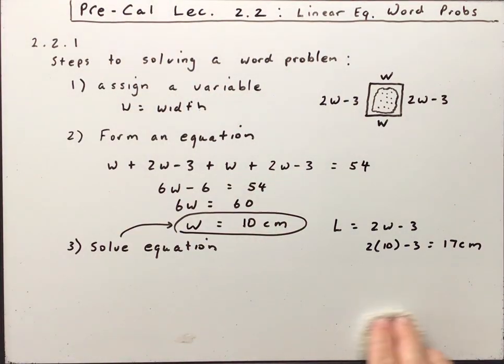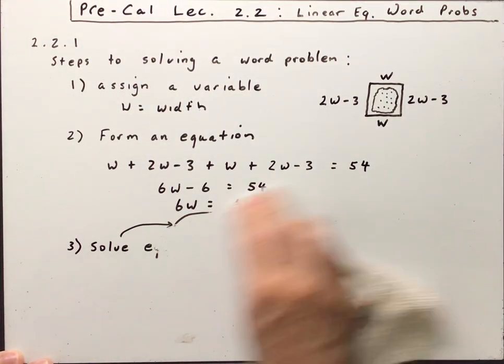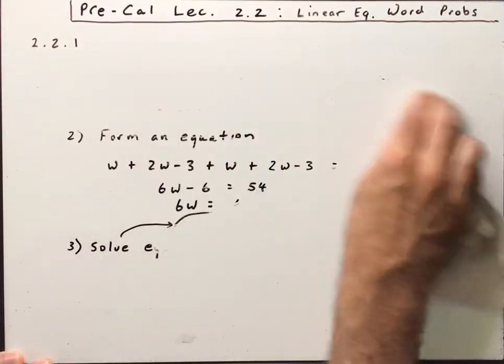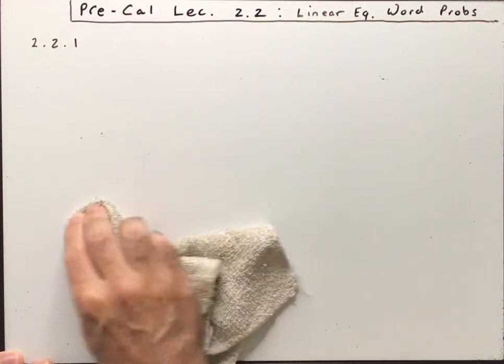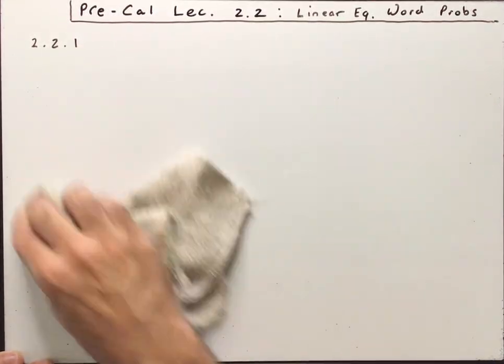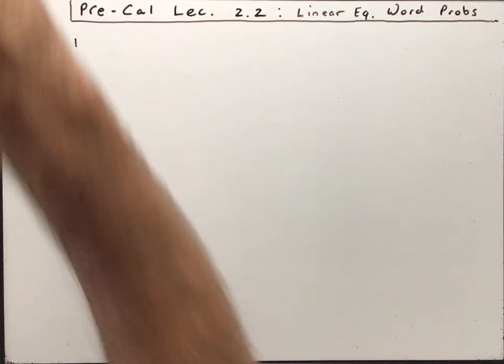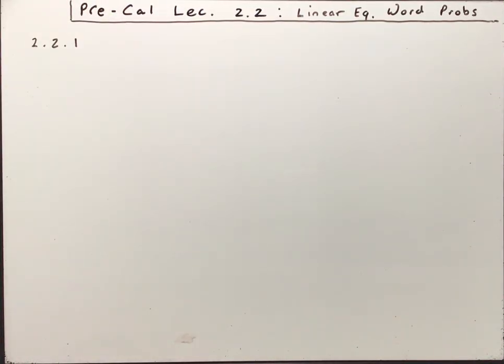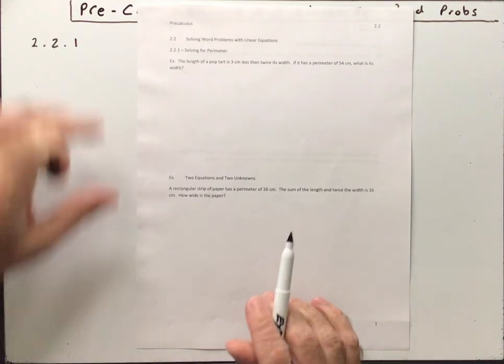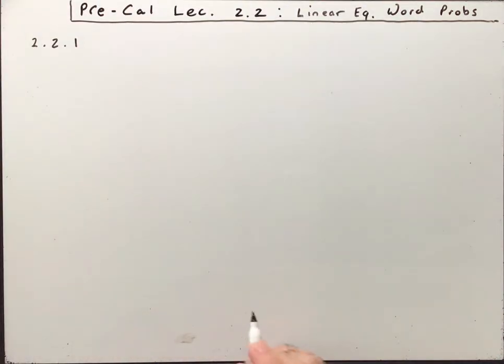All right. So we start off with a pretty easy one there. Pretty Algebra 1. Okay, so our next example, down here in the middle of the page, 2 equations and 2 unknowns.